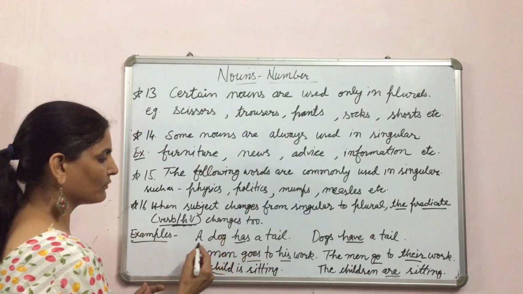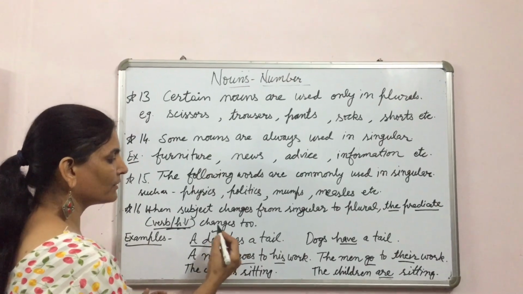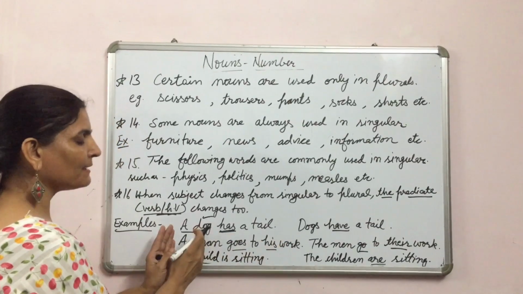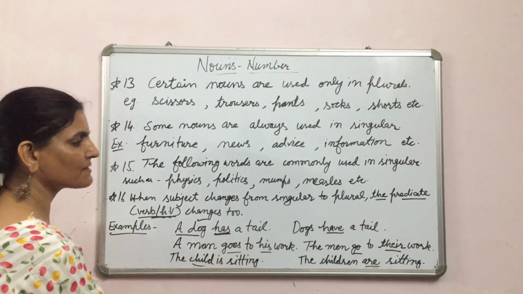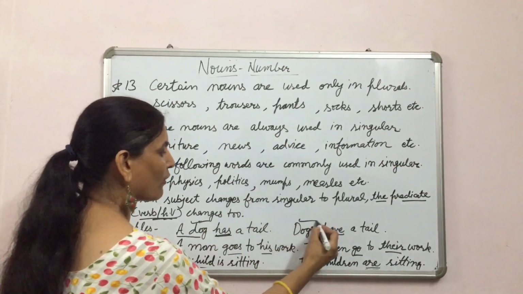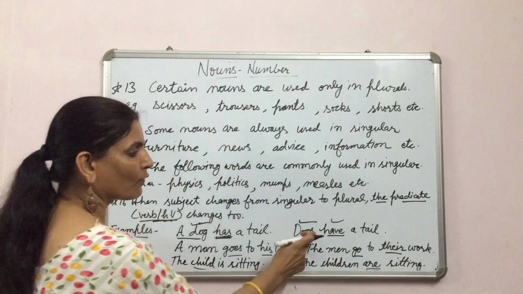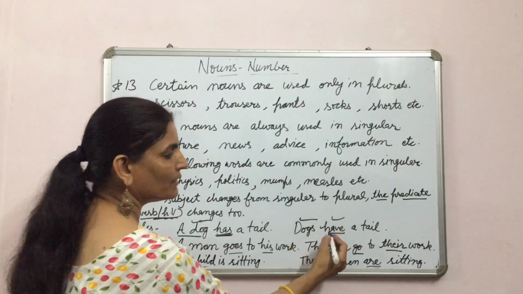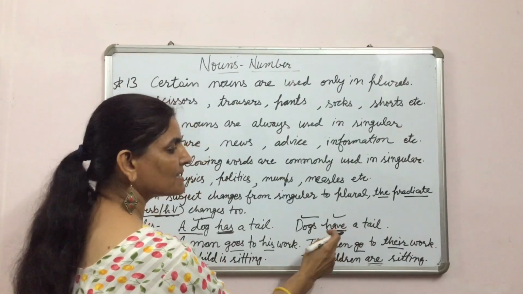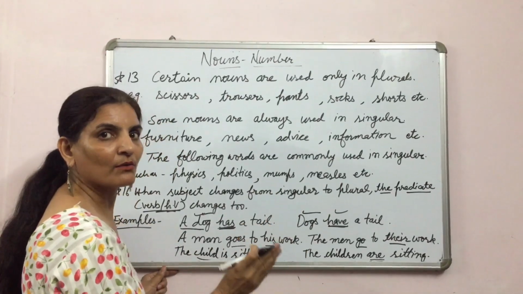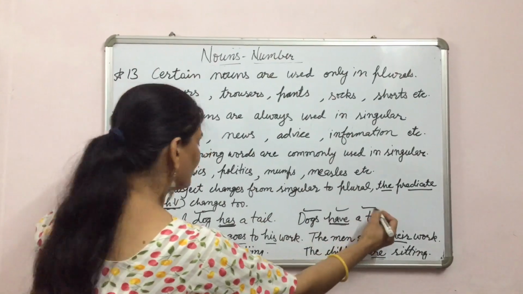This is a singular noun, a dog. According to a dog, we have put here has a tail. While making the plural of this sentence, we will change dog into dogs and has will be changed into have. According to plural nouns, we will use have, means the verb or helping verb, or we can say the predicate, will also be changed.